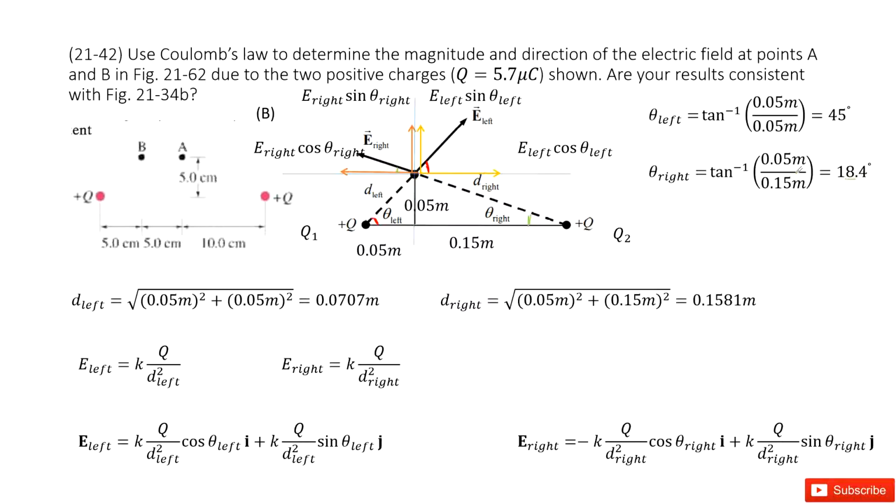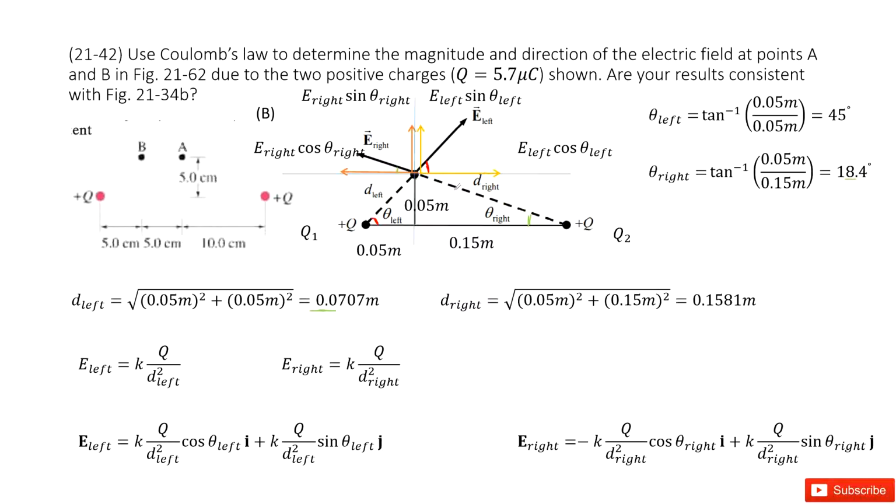We put it there. And also, if we need to write the magnitude of the electric field E left and E right, we use K Q divided by distance squared, right? So now we need to find the distances D right and D left. First we look at D left in this triangle. We use this side squared plus this side squared, and then we get the answer there.